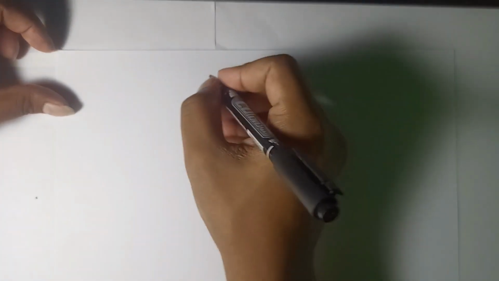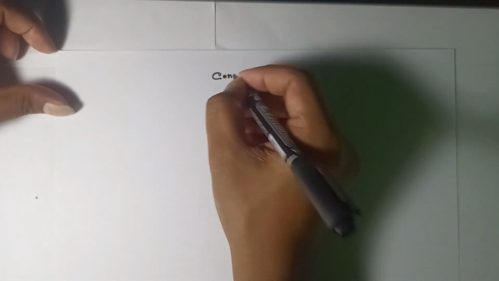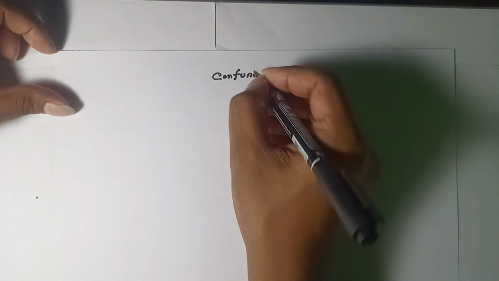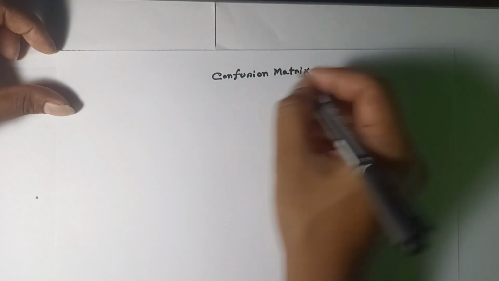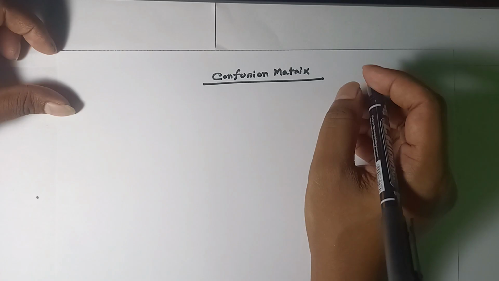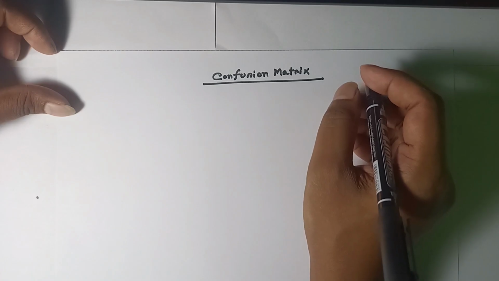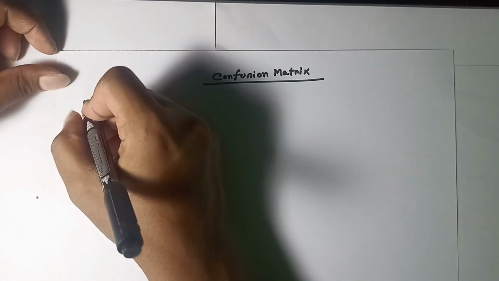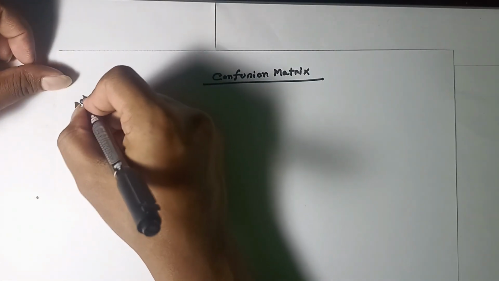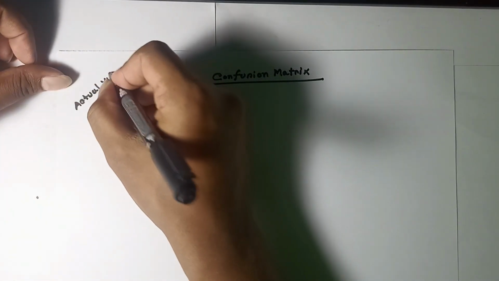Everyone. Today we will understand confusion matrix. First of all, in confusion matrix, we basically deal with actual versus predicted.